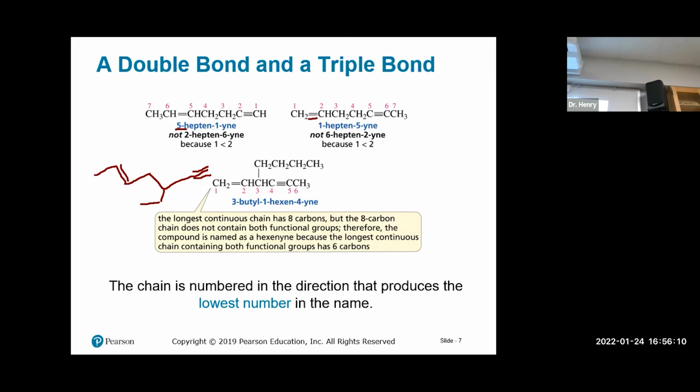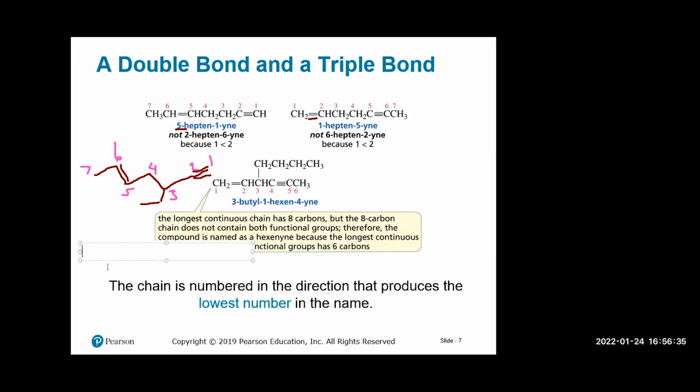So let's do over here. 1, 2, 3, 4, 7. Okay. So it's going to be hepta, or hept.